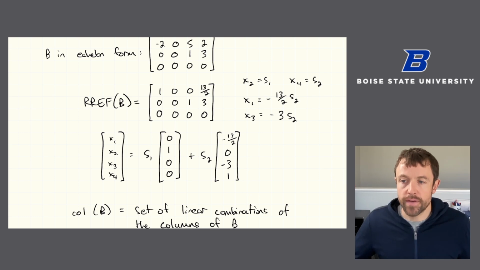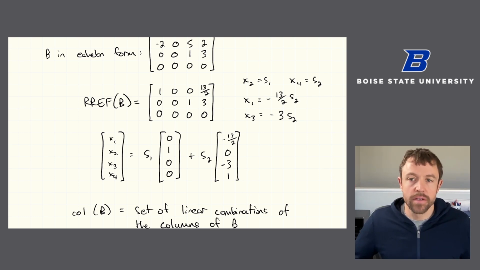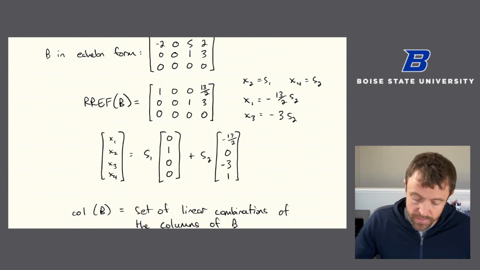And so these two vectors form a basis for the null space of B, which is the same as the kernel of the linear transformation.